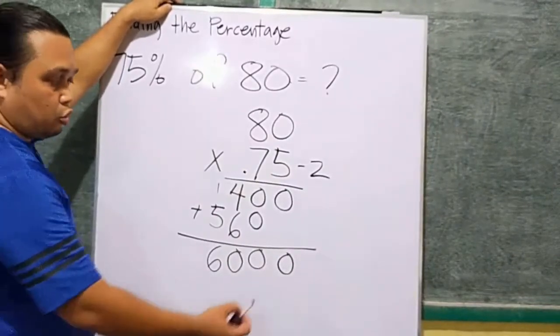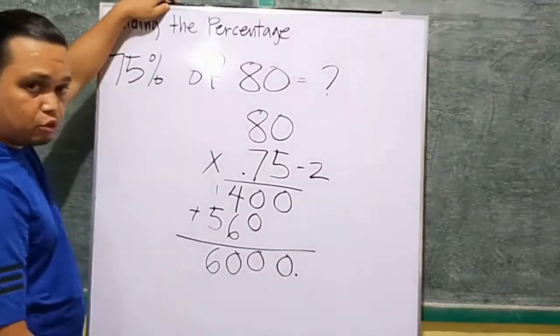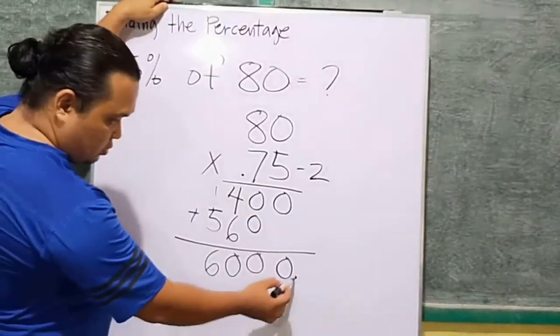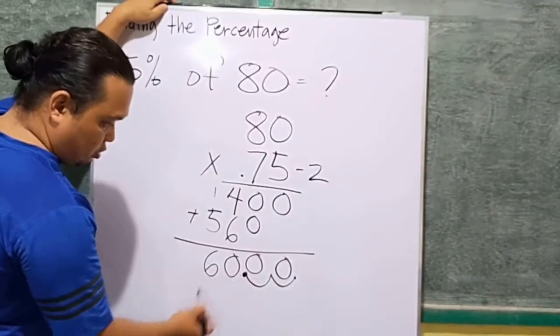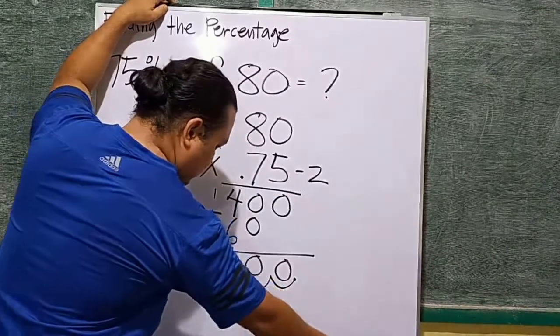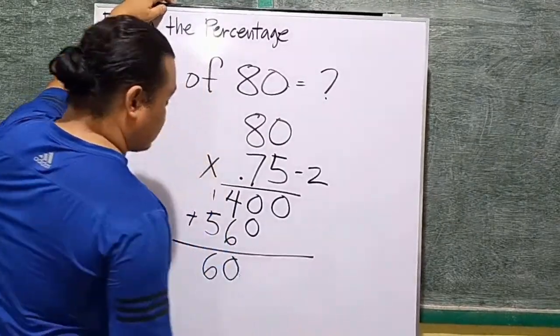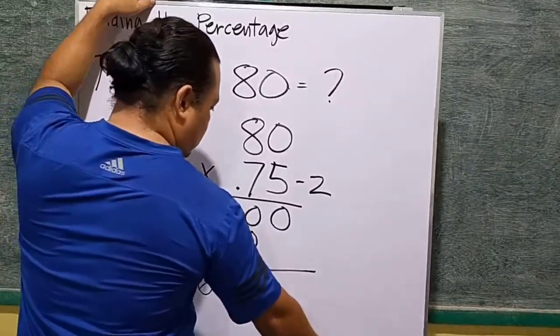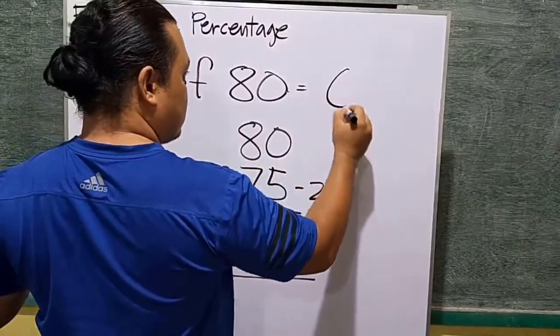Because we have 2, we're going to move 2 steps to the left. 1, 2, and our decimal point will be here. So we have 60. Our answer will be 60.